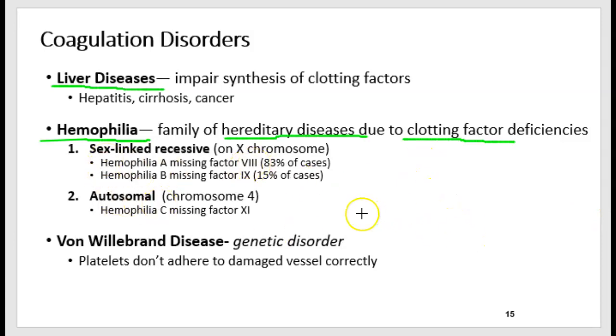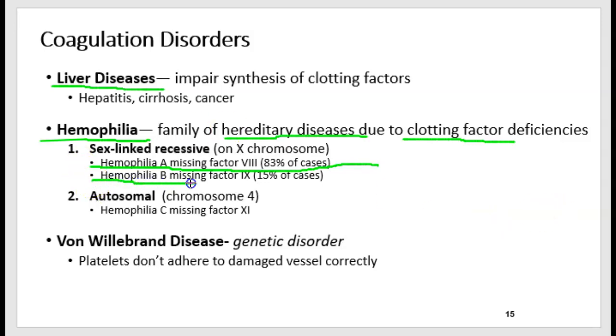If that gene is abnormal, then it's mutated. And there's different hemophilias with these abnormal clotting factor genes. So in hemophilia A, a person's gene for clotting factor 8 is abnormal.